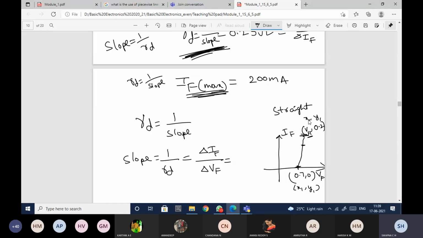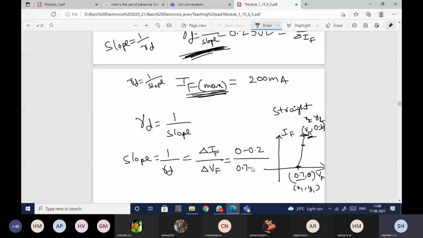Change in IF, let me take as 0 minus 0.2. Y2 minus y1 or y1 minus y2, anything is the same. And then in the denominator, I've taken 0 minus 0.2, then 0.7 minus VF1.